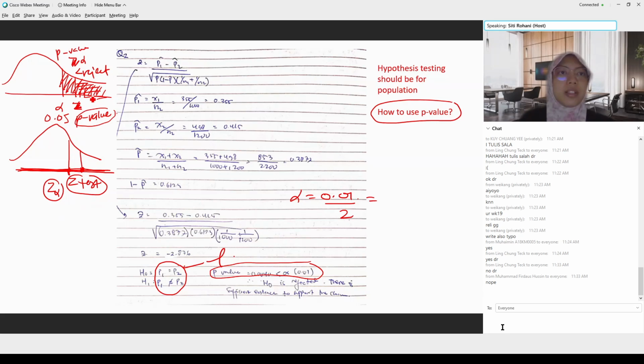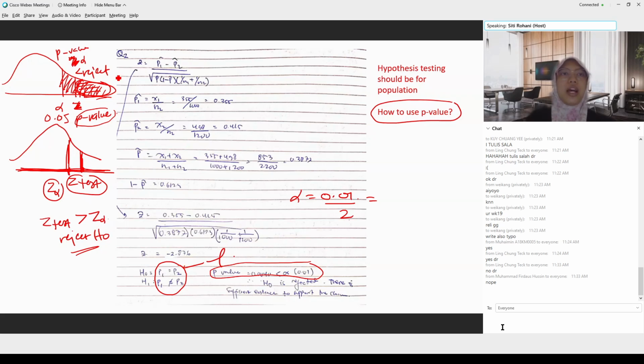This one should be less, because the area of the p-value is less than alpha, then we reject. But for this one, z-test more than z-alpha, we reject. Why? Because it is on the line, so the z-test line is higher than the z-alpha line, so that's why we reject the H naught.